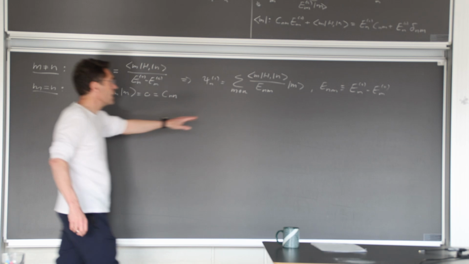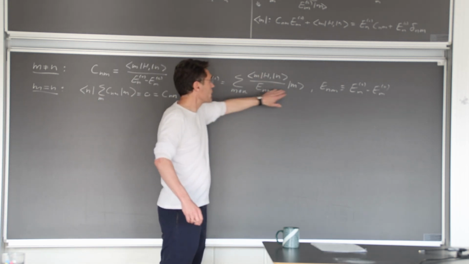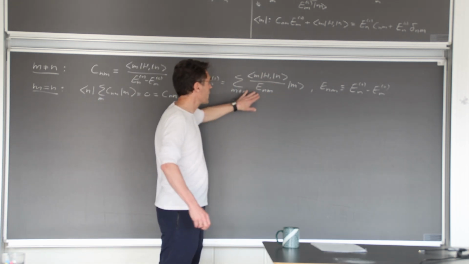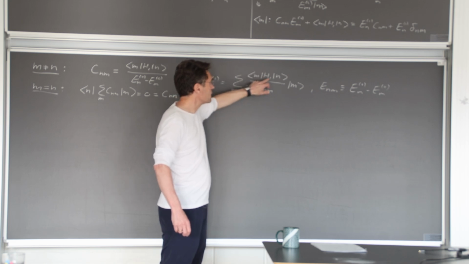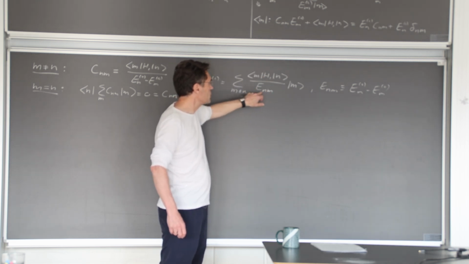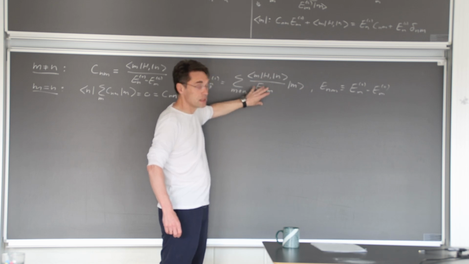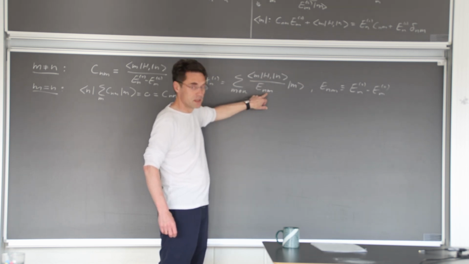And you can obviously see that whether or not a particular state contributes a lot here depends, of course, on these two factors. If the two states are close in energy, there's a chance that this will contribute a lot, because then this energy difference is small.